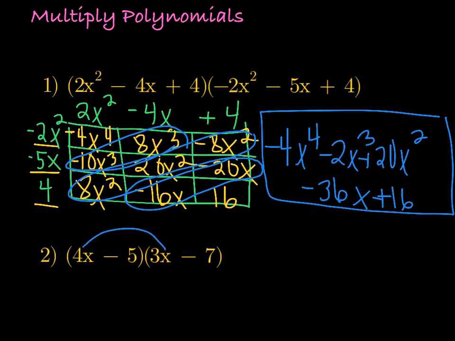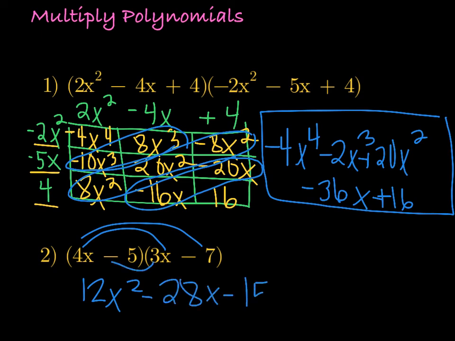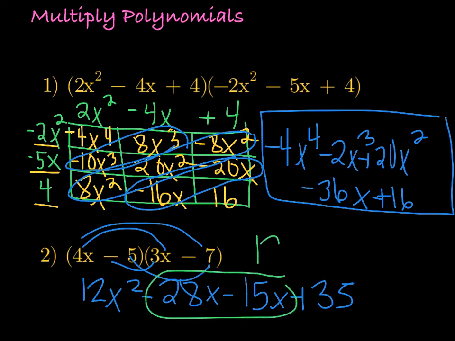So 4x times 3x, 12x squared, 4x times negative 7, negative 28x, negative 15x plus 35. Okay, so with our final result, we will combine our like terms here. So we'll have 12x squared minus 43x plus 35.